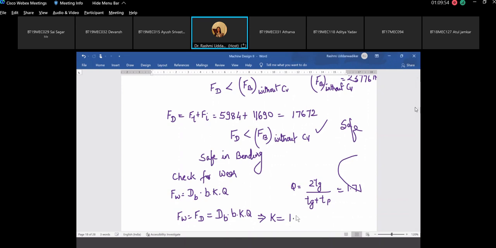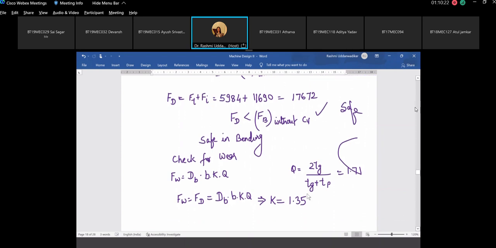Now for K as 1.35, what is the next higher number for 20-degree involute? What is the material combination that we have taken? Cast iron and steel. What is the next higher value available? Refer to the data book. 1.37. So we are assuming K as 1.37.